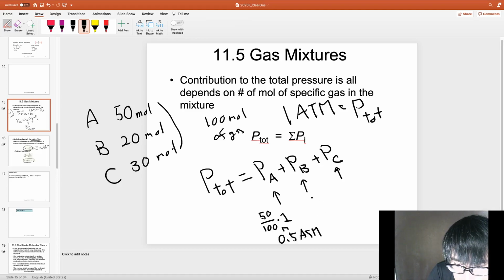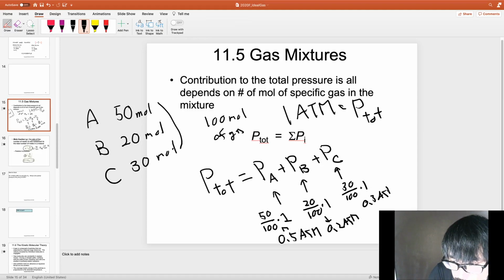That's the partial pressure of A. The partial pressure of B is 20 divided by 100 multiplied by the total pressure of 1, so that's 0.2 atm. And C is 30 divided by 100 multiplied by 1, which is 0.3 atm. If you check the total pressure, which is the addition of each one of these, it should add up to, of course, 1 atm. That makes sense.